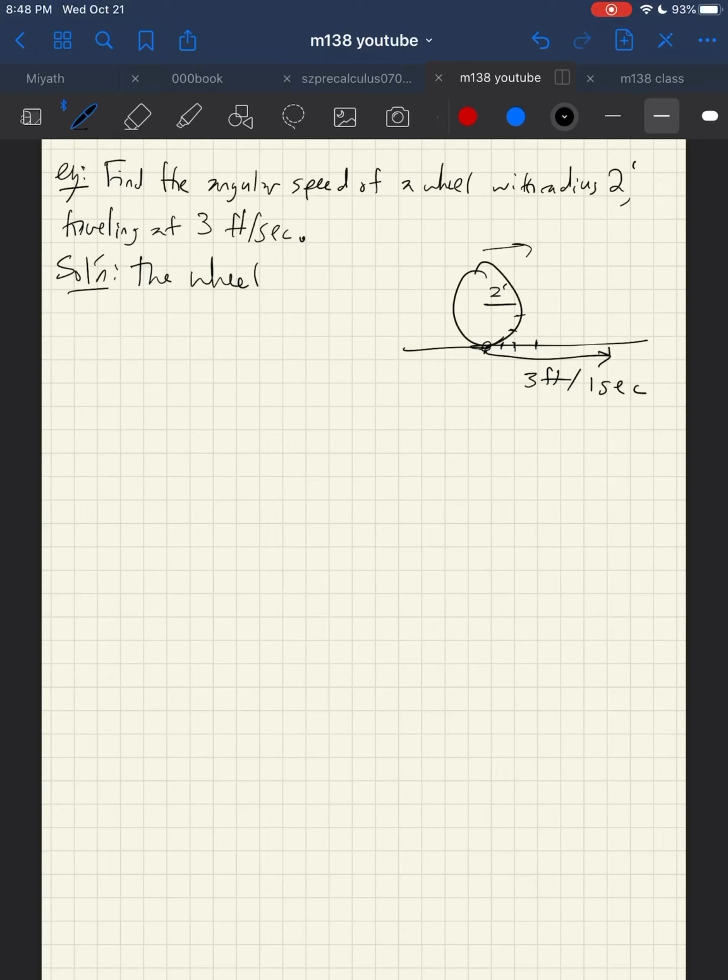So the wheel comes into contact with 3 feet of the ground every second. Then we use our equation, S equals r theta, and plug in what we know.